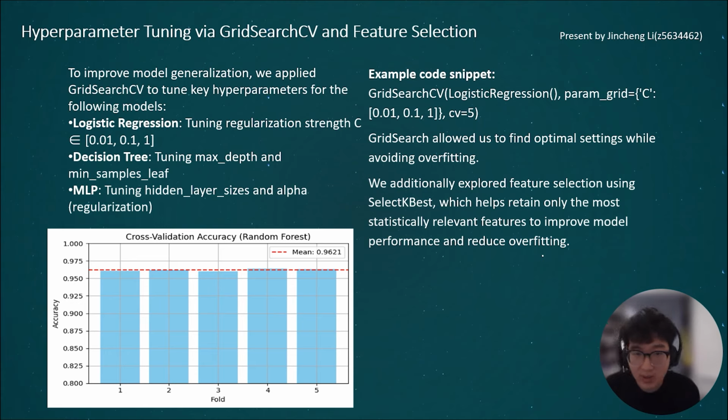We additionally explored feature selection using SelectKBest, which helps retain only the most statistically relevant features to improve model performance and reduce overfitting. As you can see in the picture, we used 5-fold cross-validation and selected the F1 score as the main evaluation metric. Advanced models like Random Forest, XGBoost, and LightGBM were tuned via their internal optimizers and default configurations.